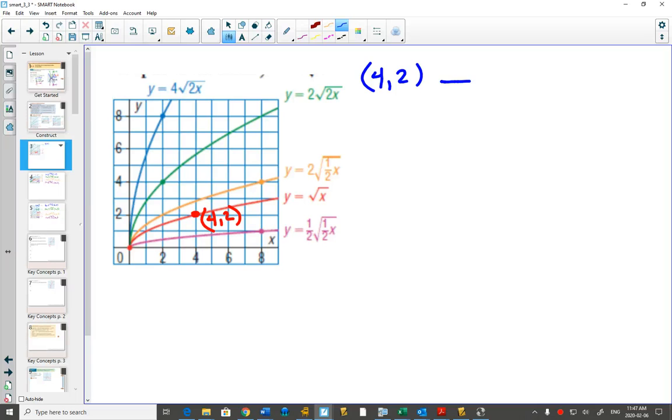Putting those two together, you're going to multiply y by 4 and x by 1/2. What happens to that point? X by half is 2, y by 4 is 8. Sure enough, that's the point that they've labeled here.